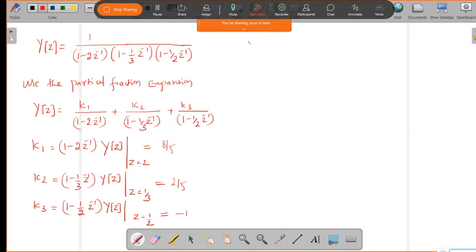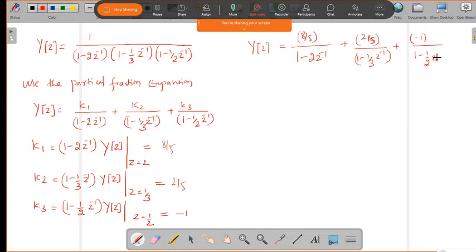So now we can write Y(z) equal to, so now k1 is 8 by 5, divided by (1 minus 2 z inverse) plus 2 by 5 by (1 minus 1 by 3 z inverse) plus minus 1 divided by (1 minus 1 by 2 z inverse).